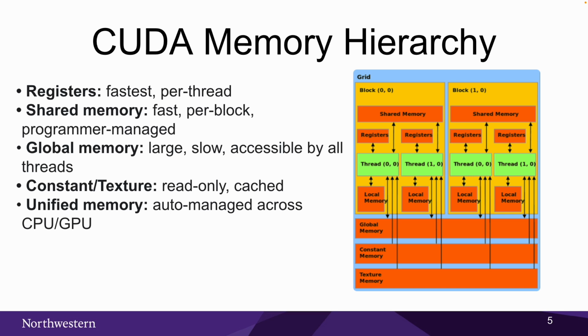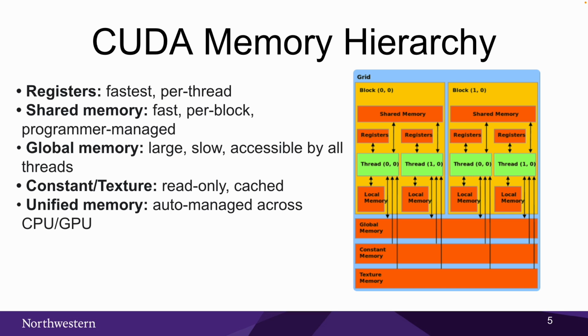At the top are registers, the fastest memory, used by individual threads for local computation. Next is shared memory, which is on-chip and shared among threads in the same block. This is ideal for cooperation and data reuse, for example tiling in matrix multiplication.